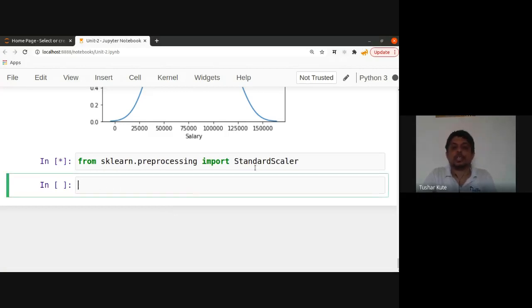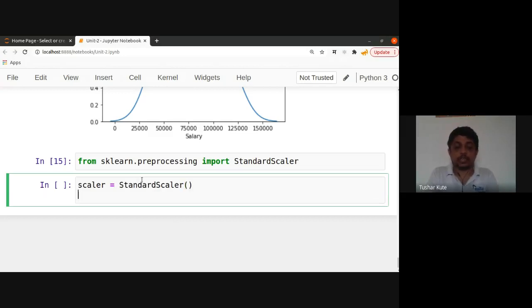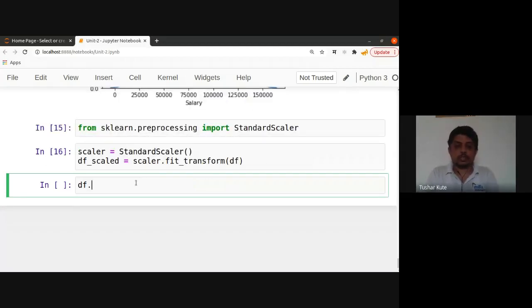So I am importing this scaler here, creating the object of StandardScaler, and then we are scaling the data. Let's see, df_scaled is equal to the transform of df.